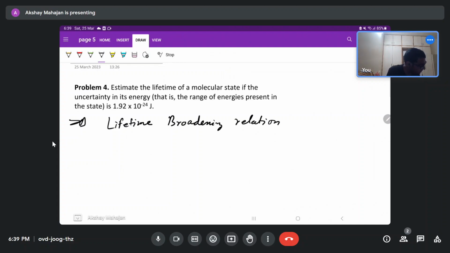Alright, which is given by tau del E equals H cross.